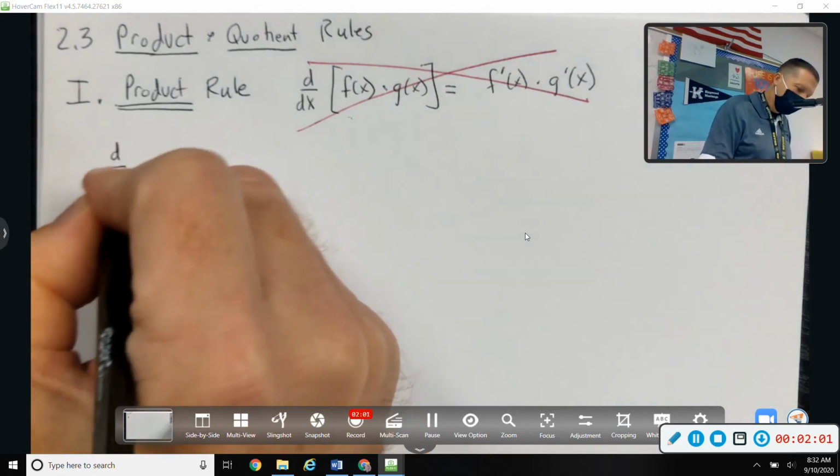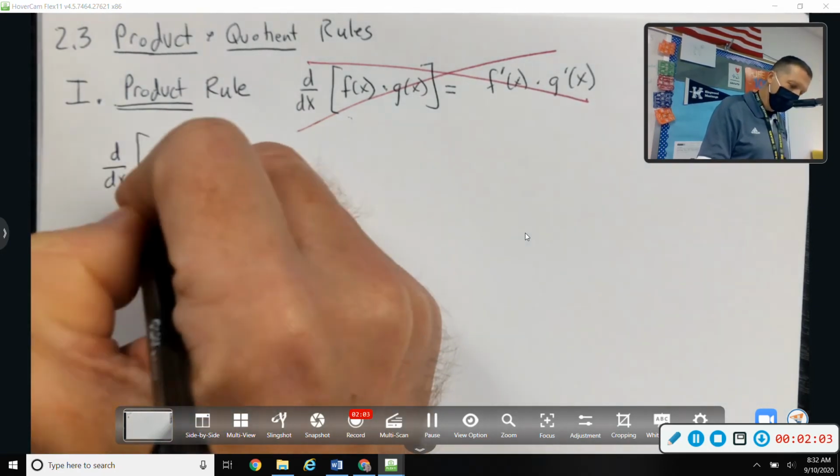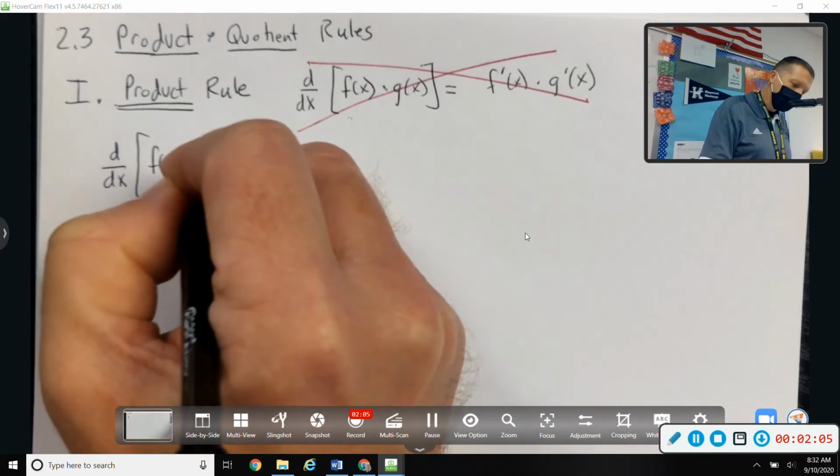All right. Now, if you didn't write that down, you do need to write this down, because this is the real product rule.